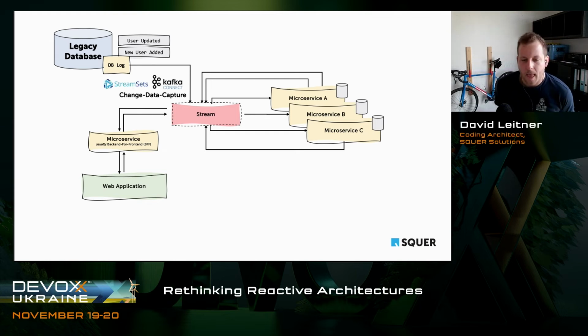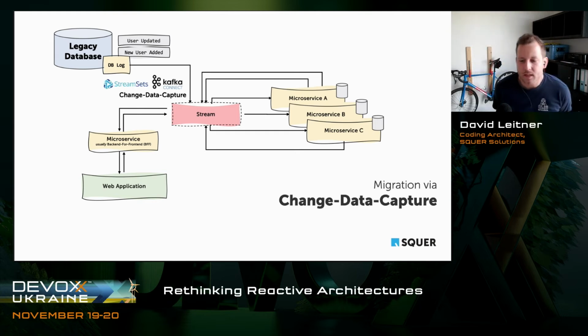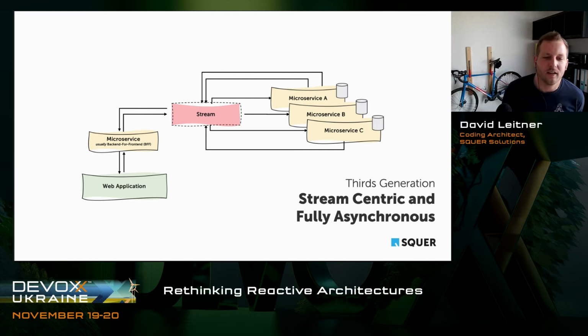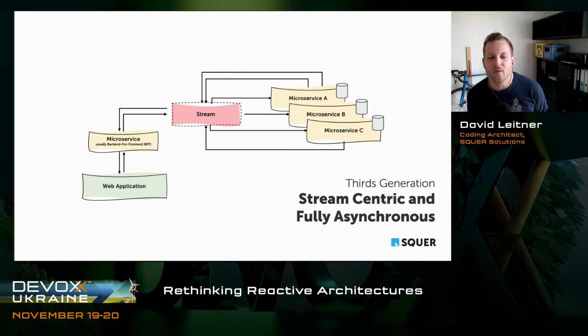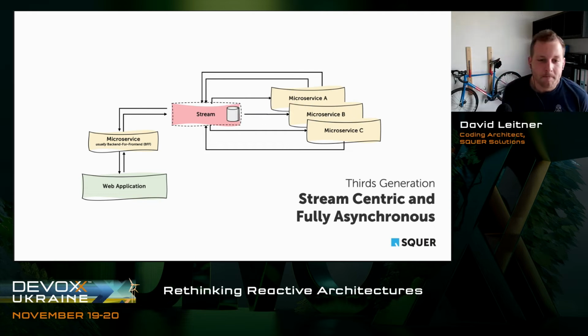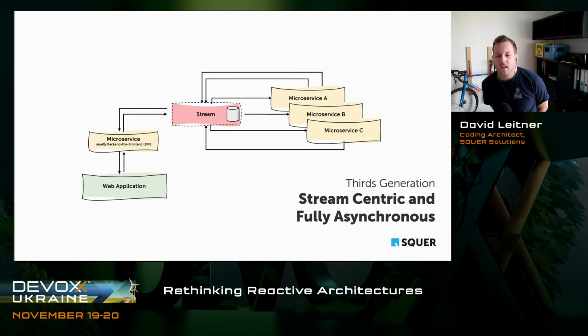Yeah. And this is then the idea where we said, okay, if we have all this stuff, if we have this stream-centric and fully asynchronous architecture, why don't we, as I mentioned before, move the central state into our stream, right? And this was then, so to say, the fourth or the last generation, where we said, okay, this makes sense.